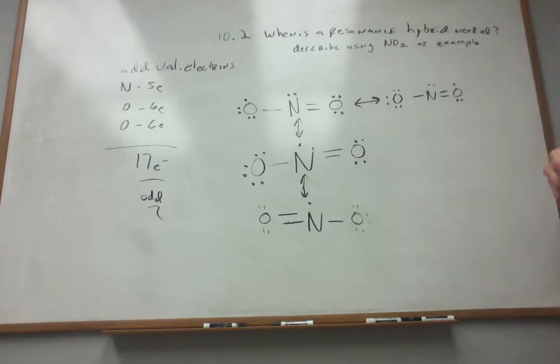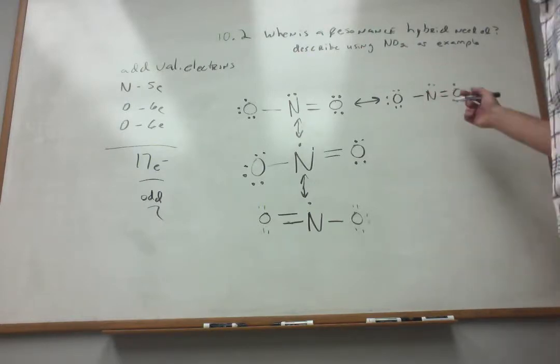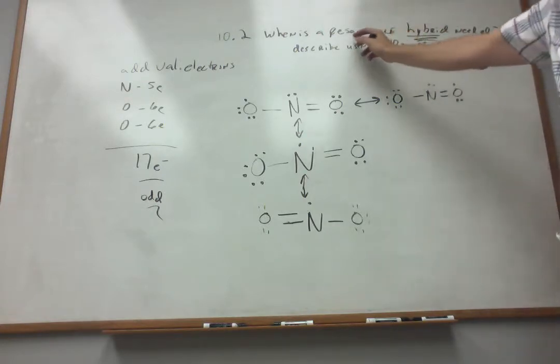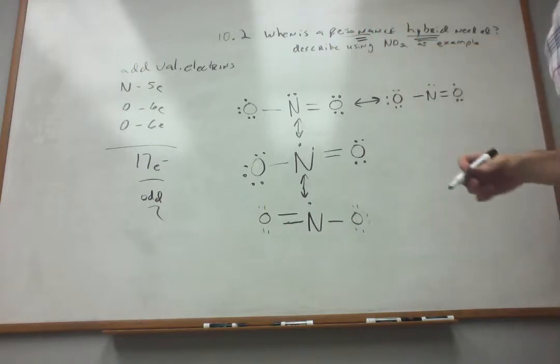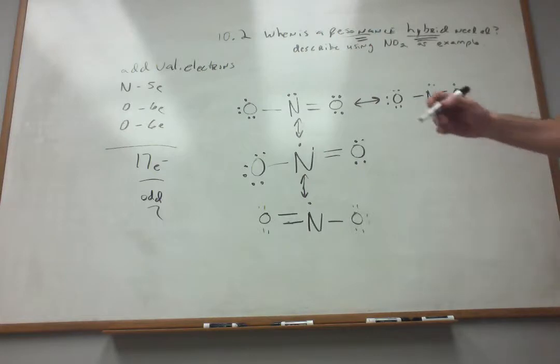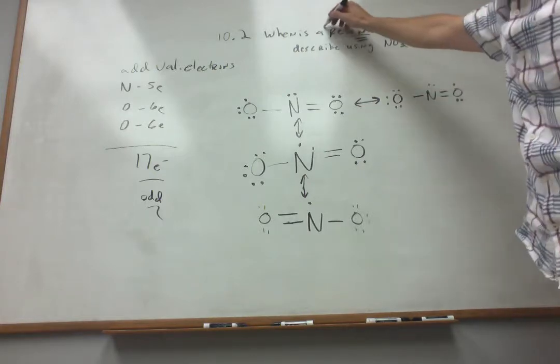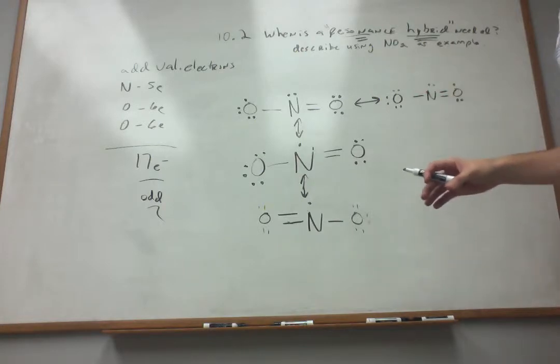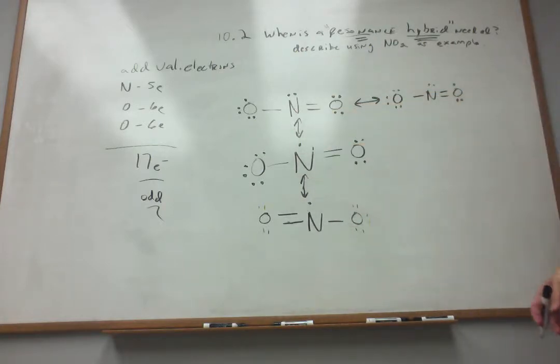So what is the true Lewis structure for NO2? Well, that's kind of a complicated question because I can't really disprove any of these. So you see this word resonance hybrid? That's kind of the interesting idea here. A resonance hybrid is basically a theoretical blending of all of the possible Lewis dot structures for a particular molecule.